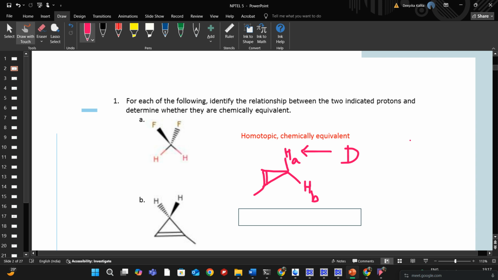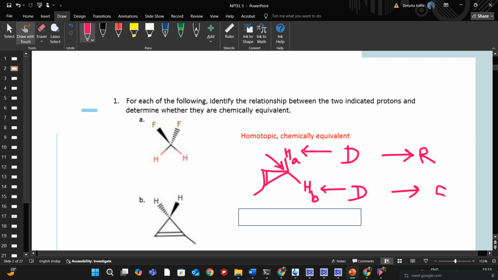In this case, we are going to get an absolute configuration for this particular carbon. Let us assume we get it as R. This is just an assumption. We are not figuring out what the exact absolute configuration is going to be. Okay, we are just assuming that the center is having R configuration. Next, if we replace HB by a deuterium atom, the absolute configuration will now be reversed.